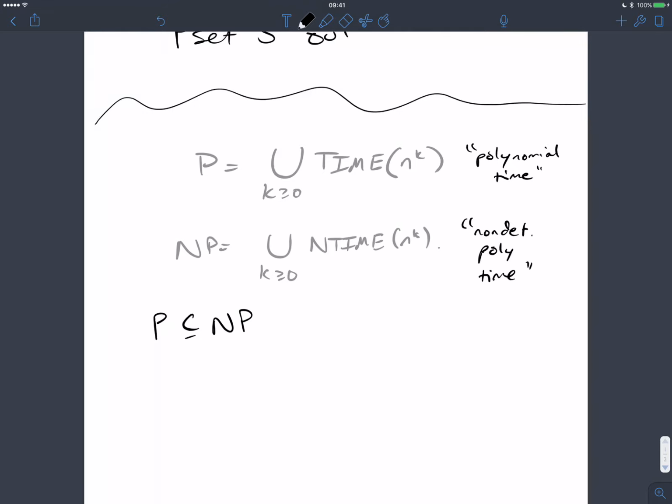Another thing that I see people do a lot of the time is say this particular language or problem has a 2 to the n time algorithm, and therefore is NP complete or is not in P or whatever. So I want to convince you that that's not a good argument. What about sorting?